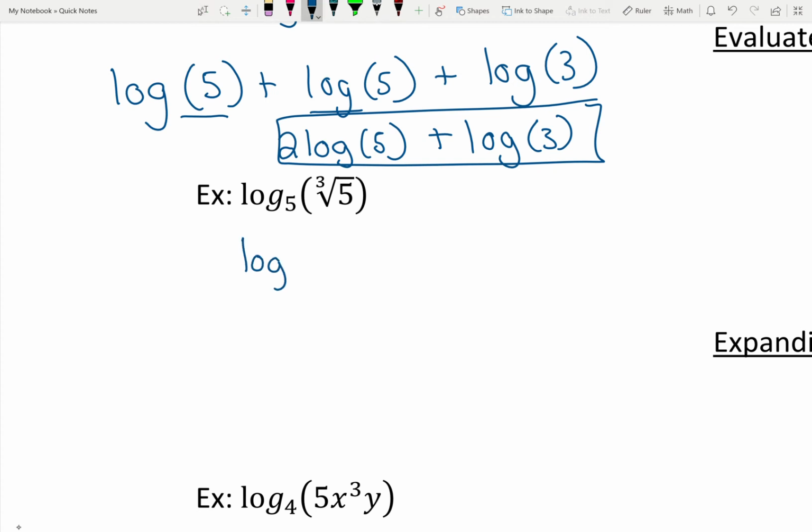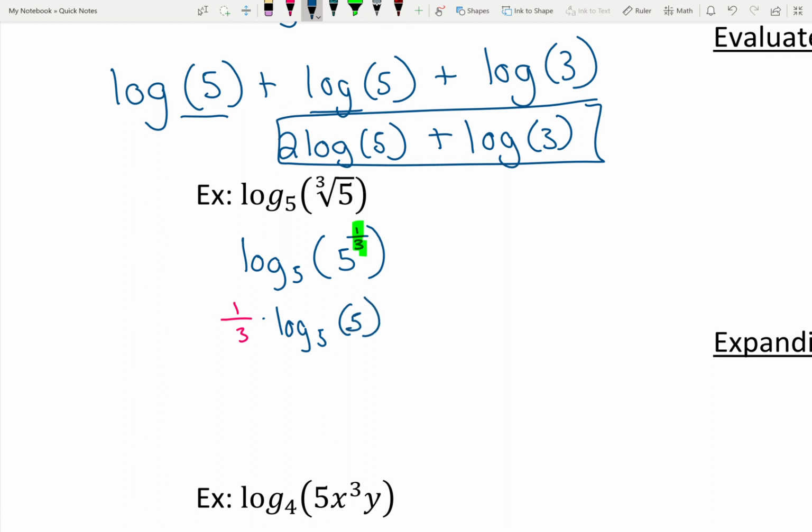So log base 5 of 5. Now cube root can be represented as an exponent as 1 over 3, like this. And now because I can use the power rule, I can take this exponent, which is 1 over 3, and I can drop it in front of my log, right? So I have 1 over 3 times log base 5 of 5. That's using the power rule.